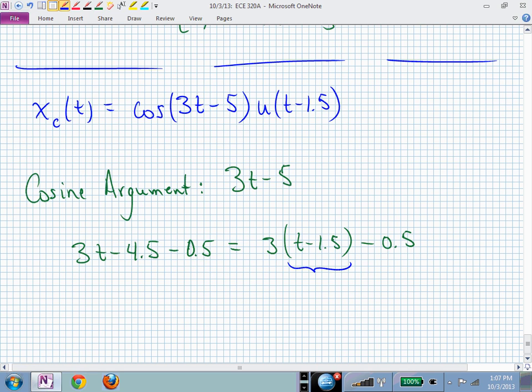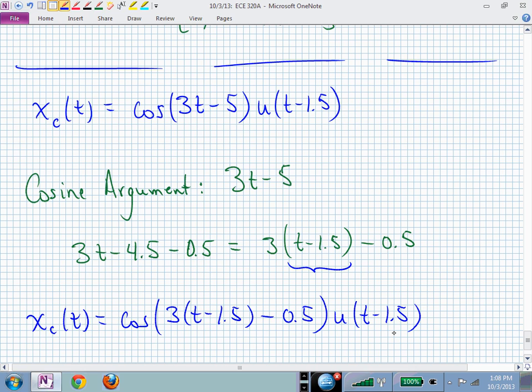And now I've created that piece inside my cosine argument. I can now rewrite this cosine, x sub c of t, as the cosine of 3 times (t minus 1.5) minus 0.5, times u of t minus 1.5. Is that better or worse?